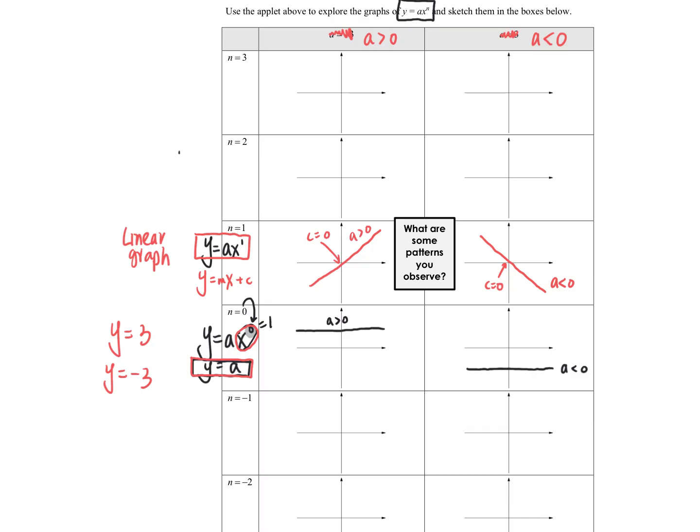Another one you have learned is this one. X squared. So remember when a is positive, it's a smiley curve. So this is a quadratic graph. So all these you have learned before. So this one is nothing new. Then this one is the frowning curve. So this is quadratic, this is linear, this is a straight line graph.